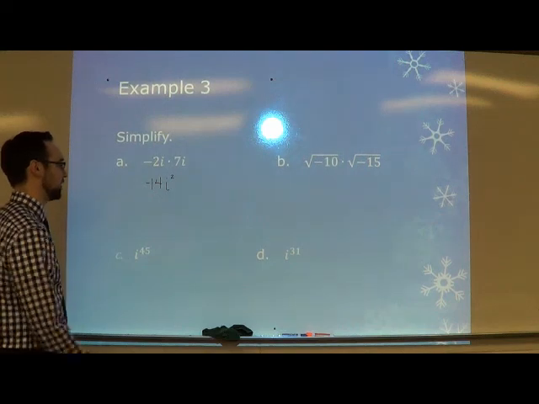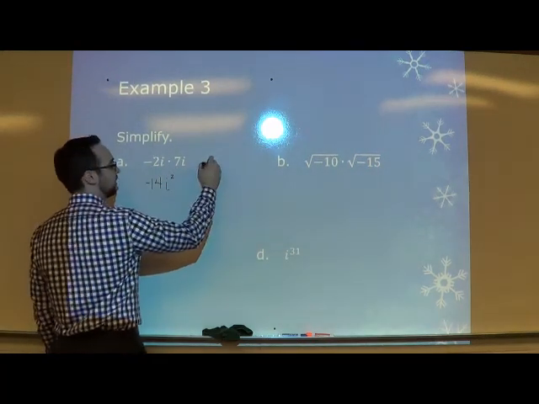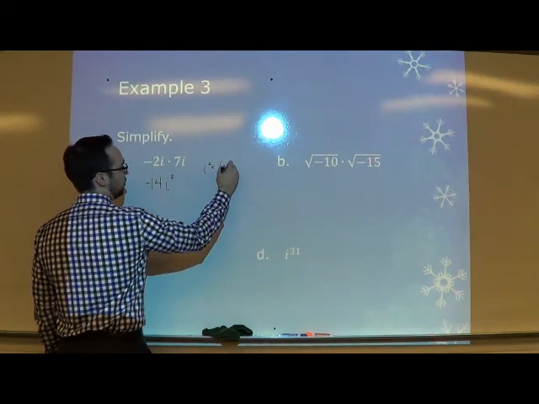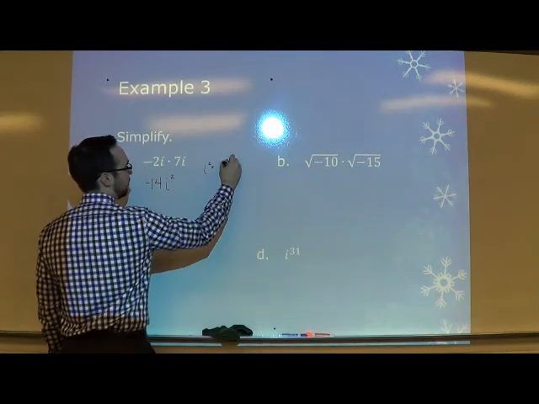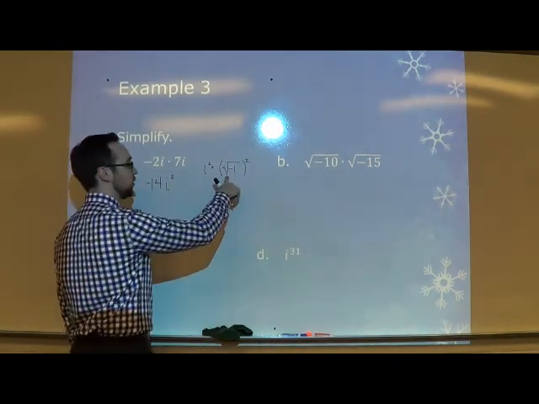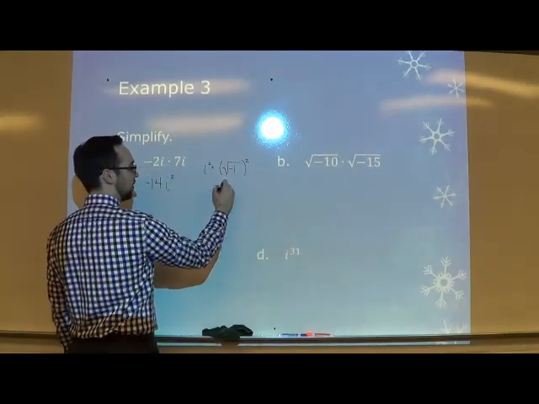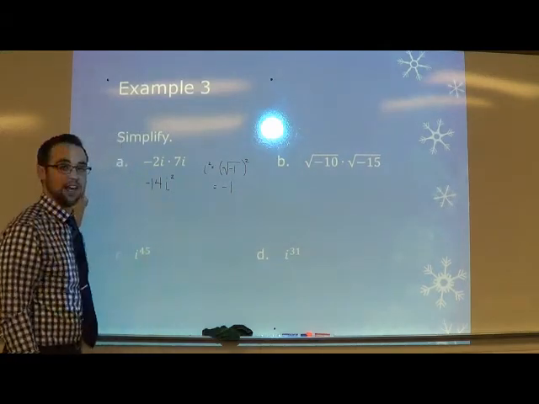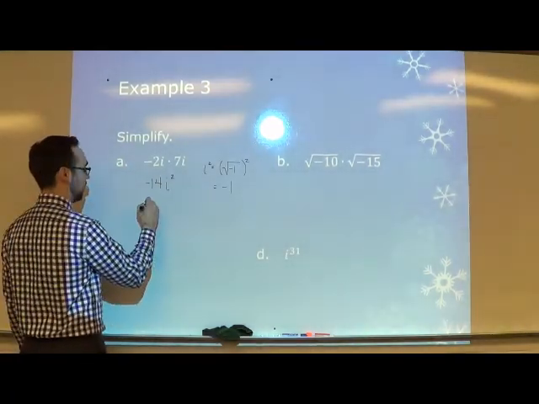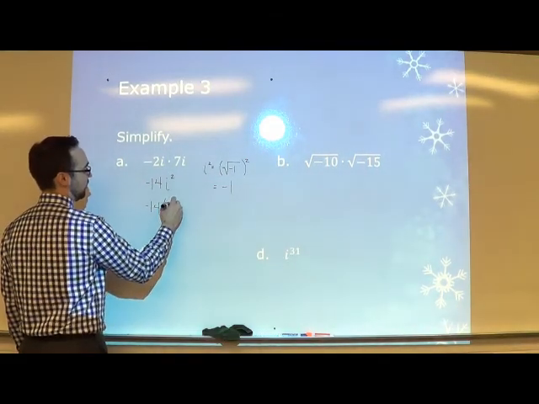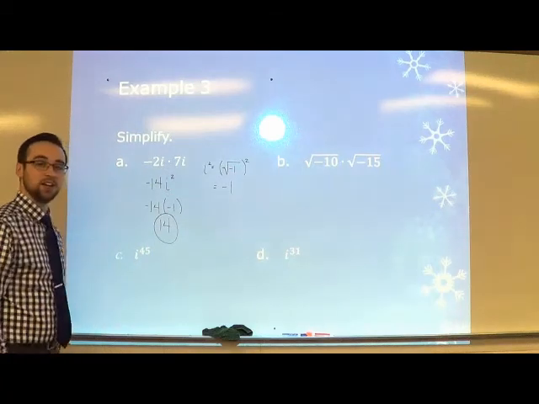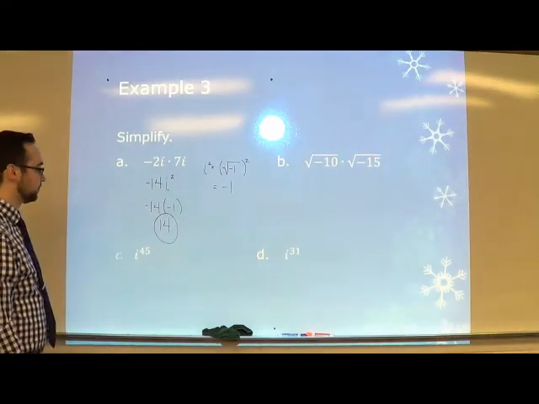But i squared is really just saying the square root of a negative 1 squared. Remember, the square root and the square is going to go away, so we're just left with negative 1. So whenever you have an i squared, that's really just a negative 1. So you don't want to leave it i squared, you want to change it to a negative 1 and rewrite this so it's a final answer of 14.